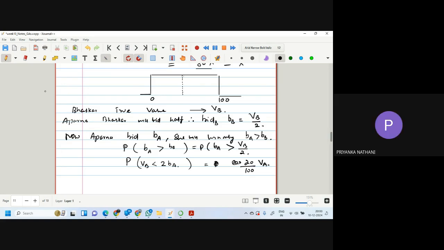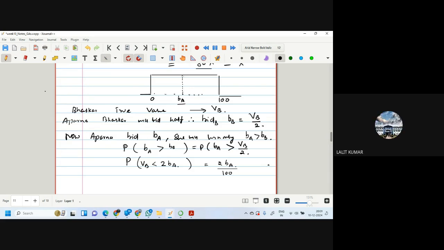So now she has bid, for example, BA. So the probability of her winning will be twice of BA. And if we calculate the probability, this will be divided by 100.